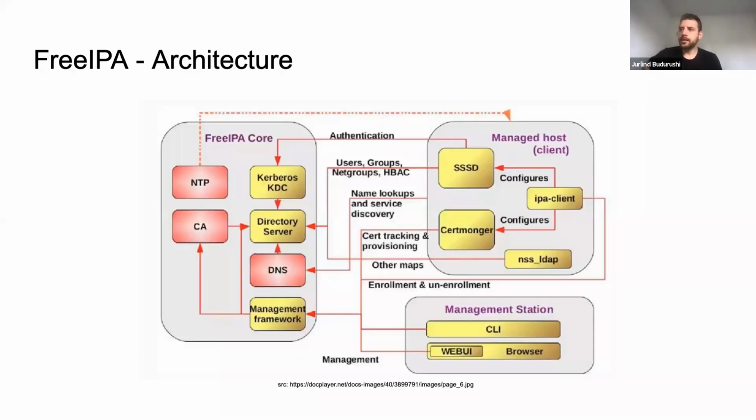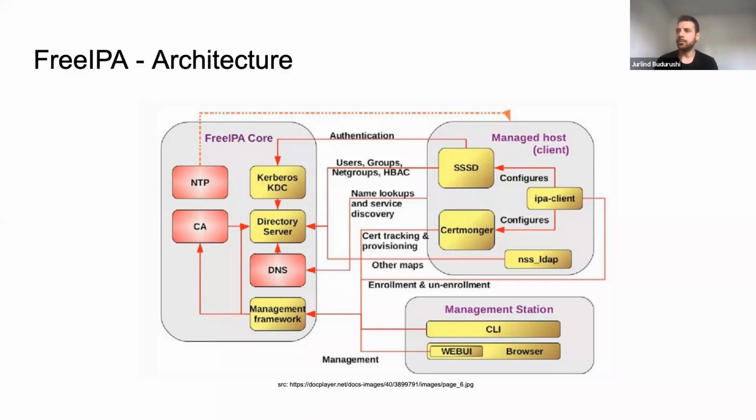Looking at the architecture, it's no surprise now that we see a copy of those components that we just discussed. Here we see them systematically listed and organized into where they belong in the architecture.